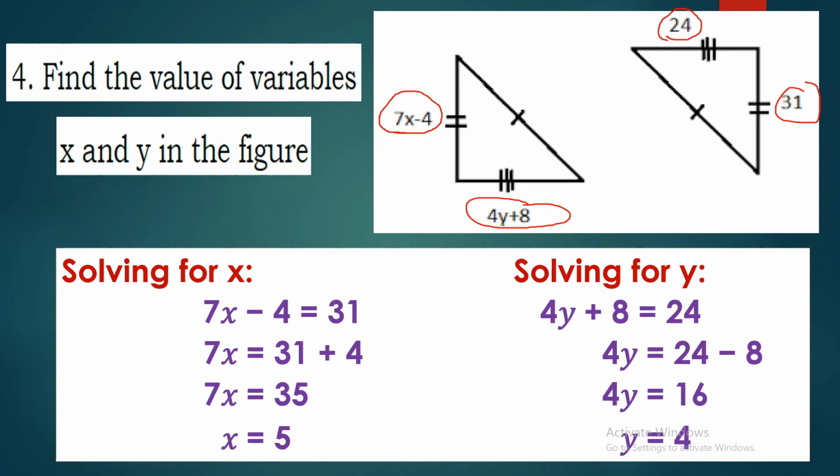From 4y plus 8, we now have 4 times 4 plus 8. 4 times 4 is 16 plus 8, so we have 24, which is the same with the measurement of one side of the second triangle with same number of tick marks. That means the value for y, which is 4, is correct. So again, in this problem, the value of x is 5 and the value of y is 4.